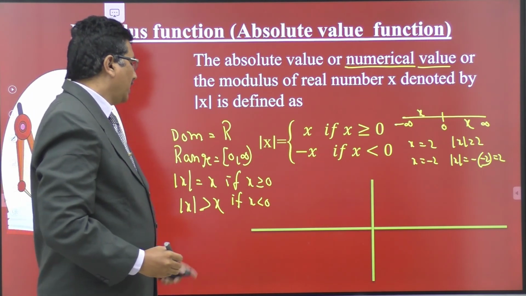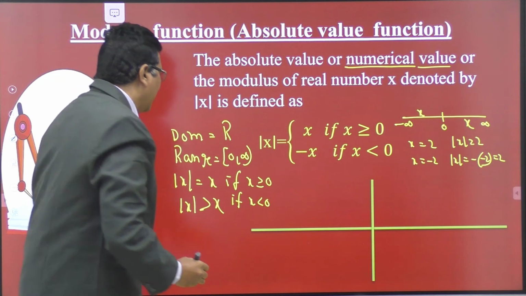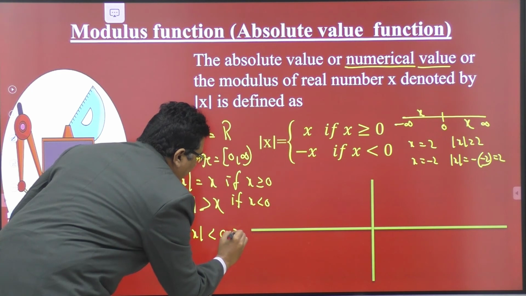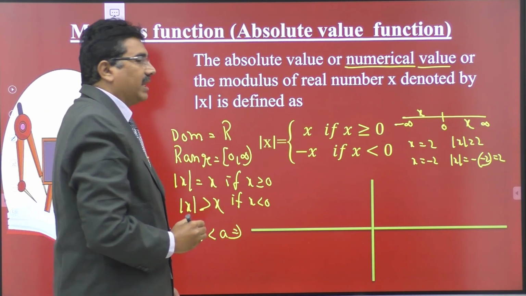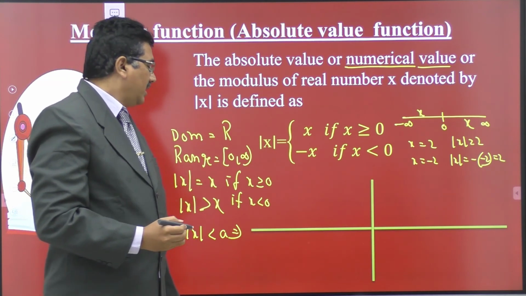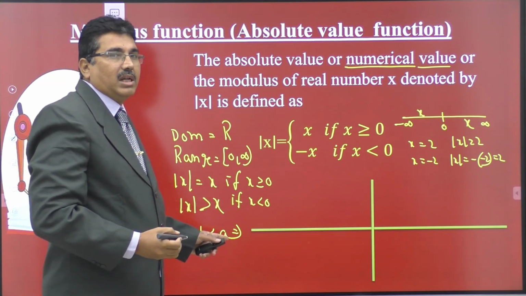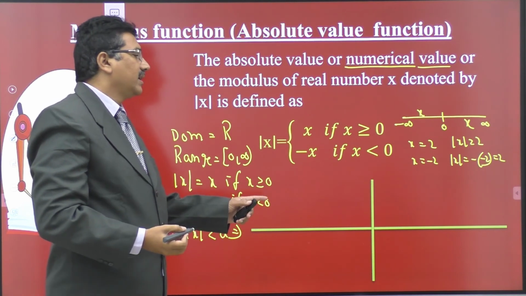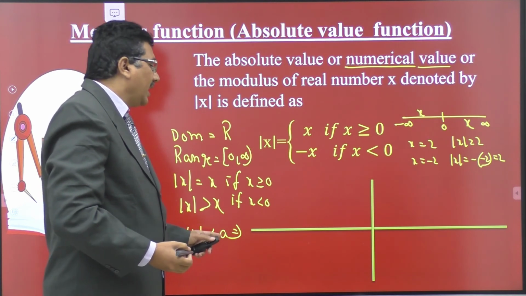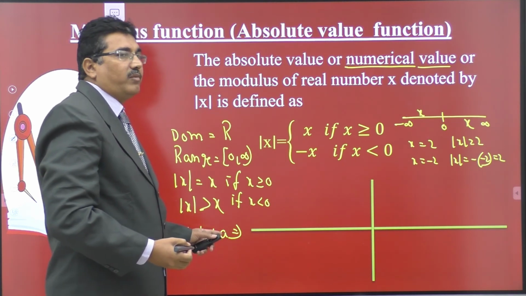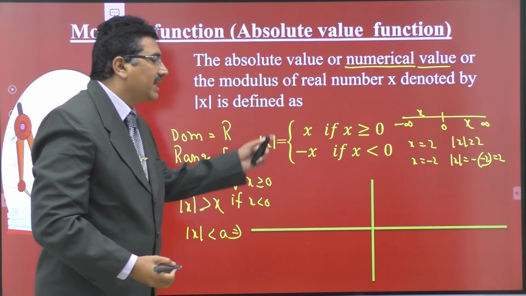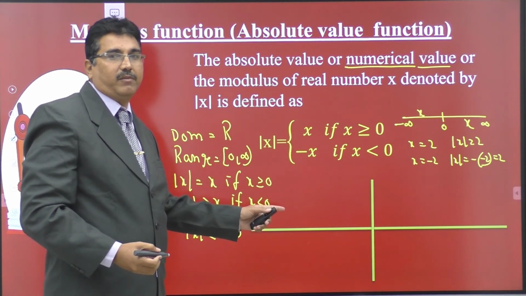Now also one more point. If mod x is less than a, it means that x lies on the real line at a distance of less than a units from 0, either on the right side of 0 or the left side of 0.